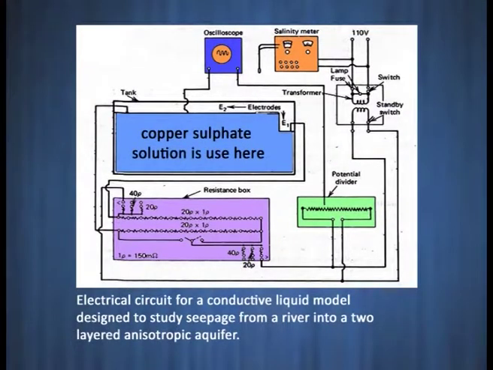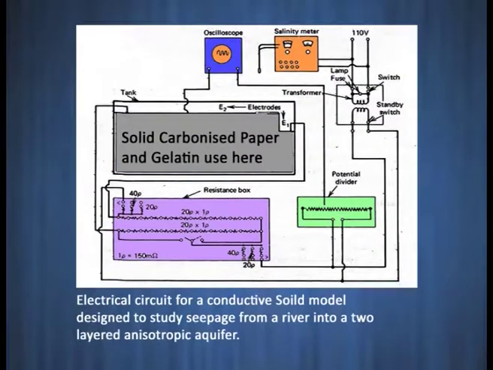The only difference is that instead of liquid copper sulphate solution we use pressed carbon. We flow the current, determine the voltage gradient, and determine the groundwater flow in this.